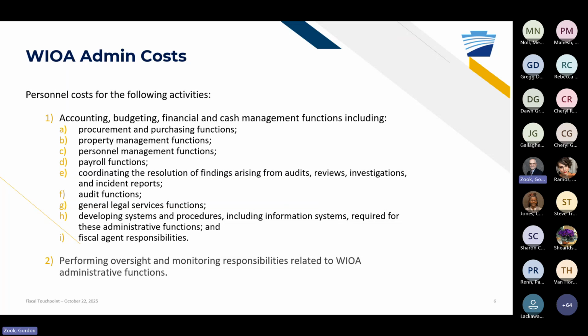So for administrative costs, WIOA is very specific in terms of what those expenses are. It includes personnel costs for a listed set of activities that are basic accounting, budgeting, financial, and cash management functions.